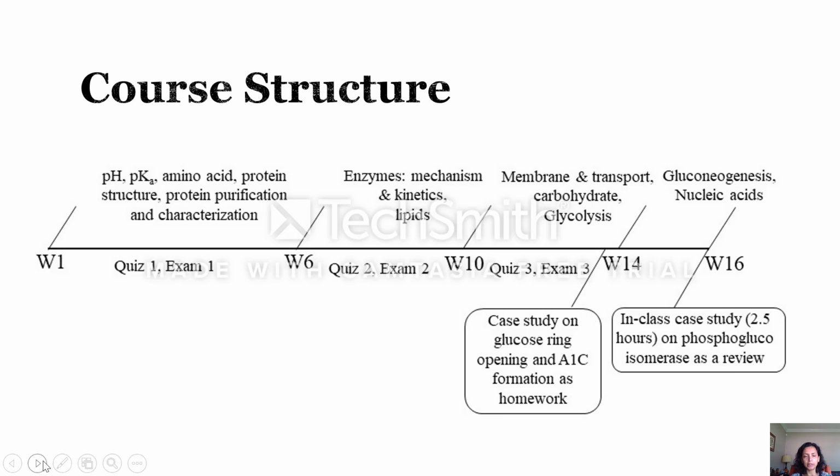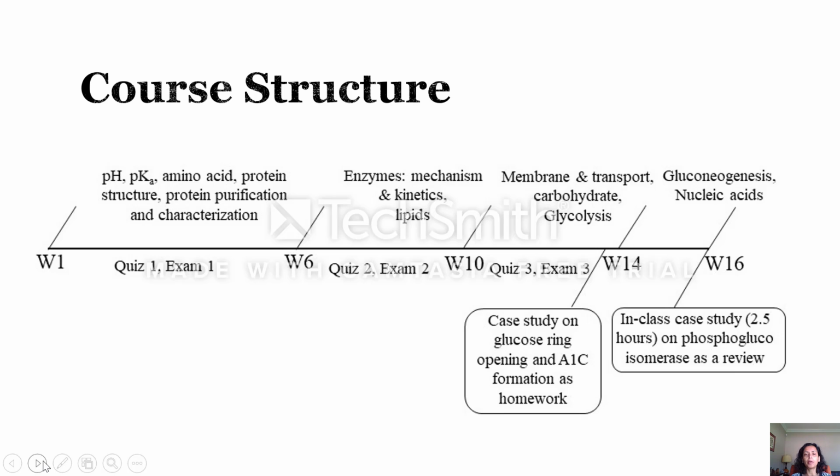So this is the structure of my course. Over the 15 or 16 weeks, we cover pH, pKa, amino acid, protein structure, purification during the first third, when we take one quiz and exam. And then we move on to protein structure, function, enzymes, mechanism, kinetics. This is covered in exam 2.